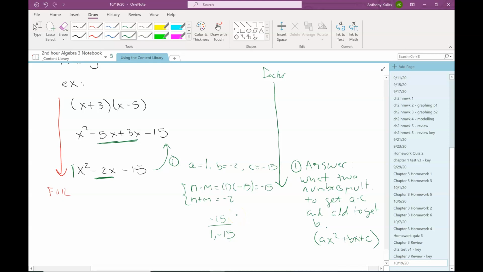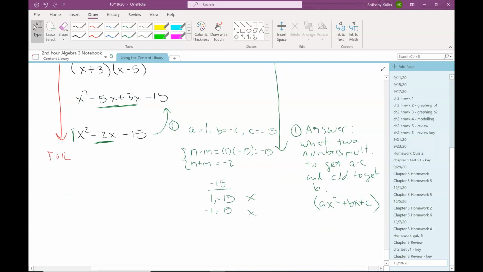One of them has to be negative, though, because we need a negative 15. So negative 3 and positive 5. Do those add to give me negative 2? No, they're giving me positive 2. But if I switch the signs, 3 and negative 5, that works.